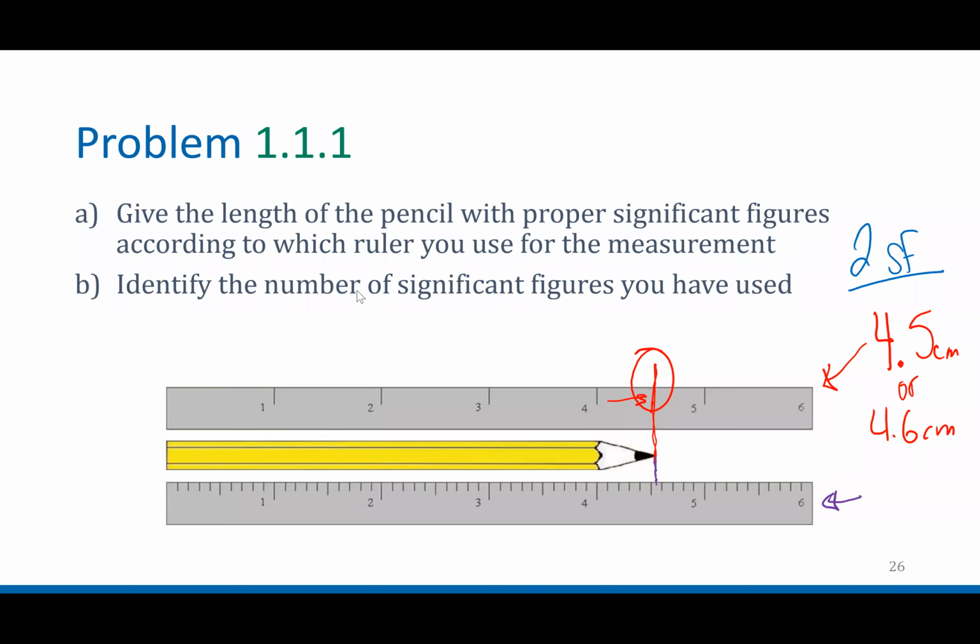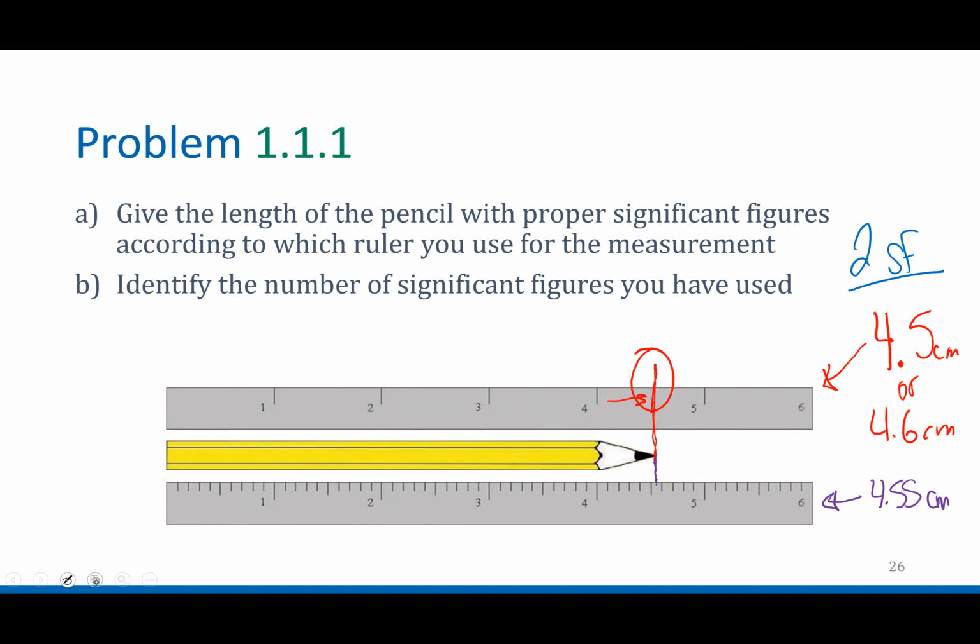Yeah, 4.55. Some of you might be a little creative. You might say it's 4.54 or 4.56. Totally 100% acceptable. I know not everybody has responded, but I have about 10 or 15 responses, and I agree, 4.55 centimeters.